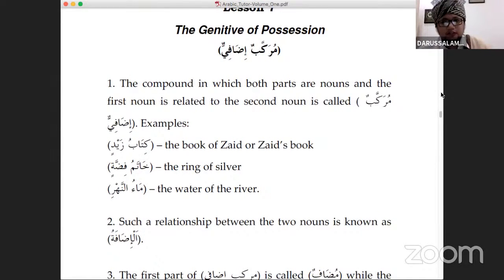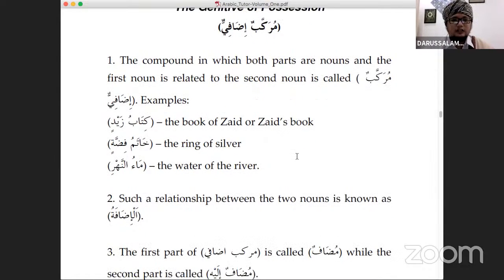Alhamdulillah. So today we will be learning about murakkab idafi. The first part is called the mudaf, and the second part is called the mudafun ilayh. Let's look at some examples first.